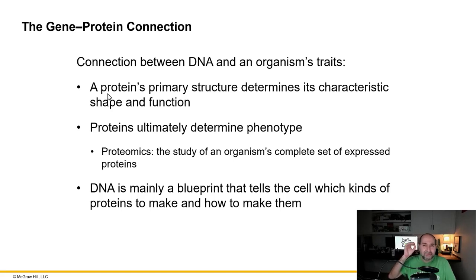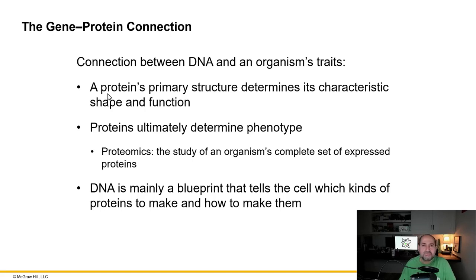What's happening is the brown eye color allele is being transcribed by RNA polymerase into messenger RNA, and then ribosomes read that messenger RNA to produce a protein. That protein produces pigment in my eye and makes my eye appear brown. So it's the protein that results from my brown eye color allele or gene that's actually making me have that trait, making my eyes brown.